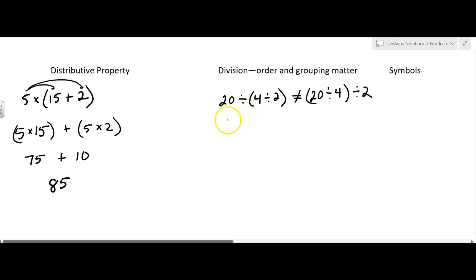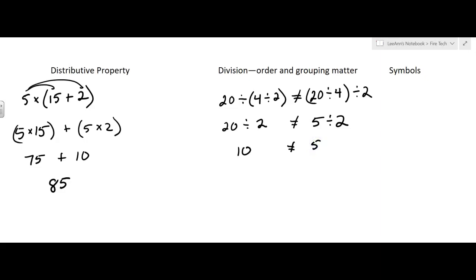So on the left, we'd have 20 divided by 4 divided by 2, which is 2.5, but on the right, we'd have 5 divided by 2, and here we're going to get 10. You could do that on a calculator. Anyway, they're not the same thing. So division is not commutative or associative, but multiplication is.